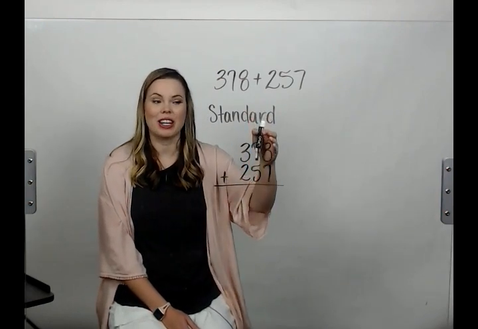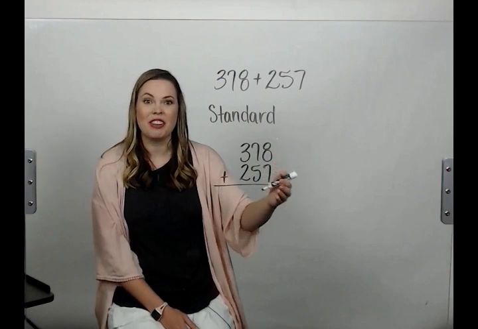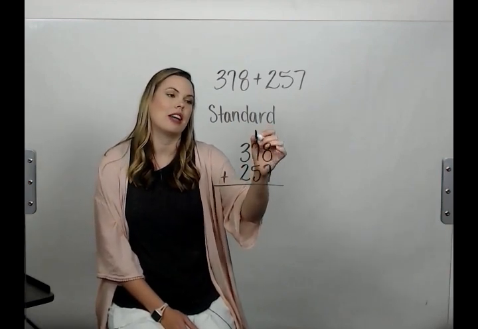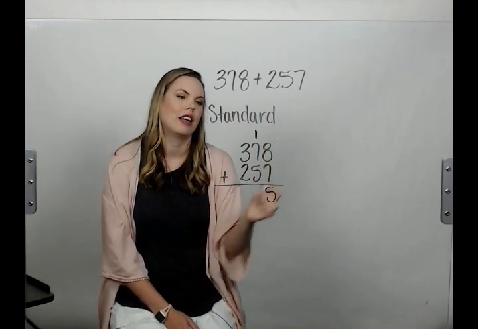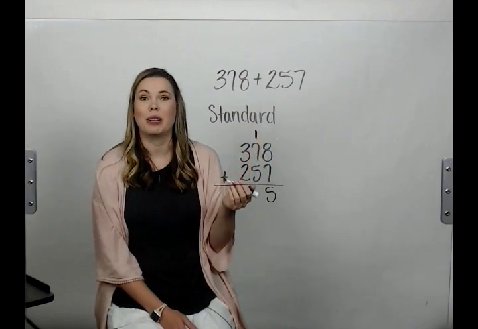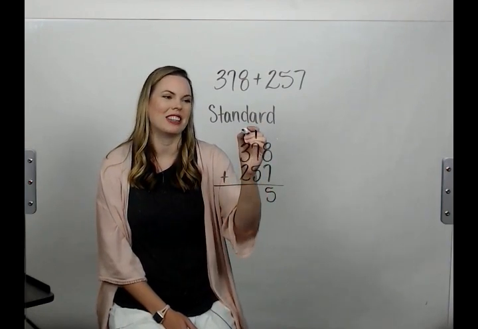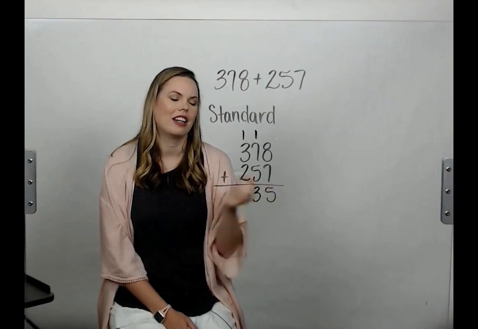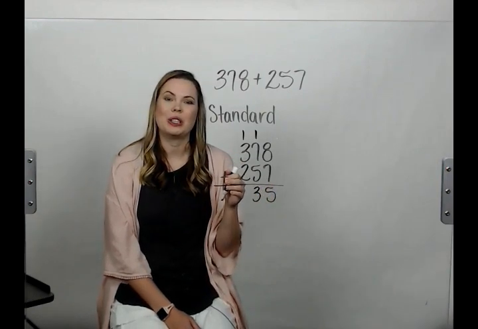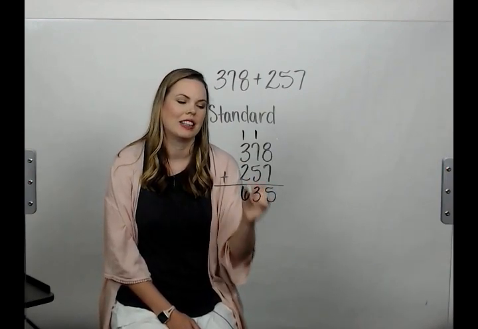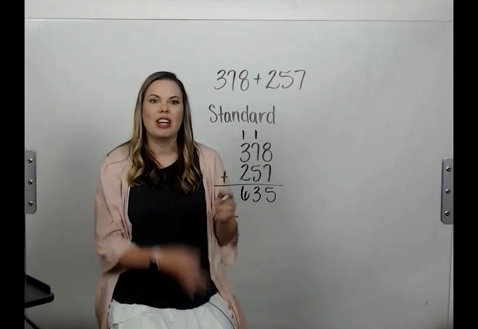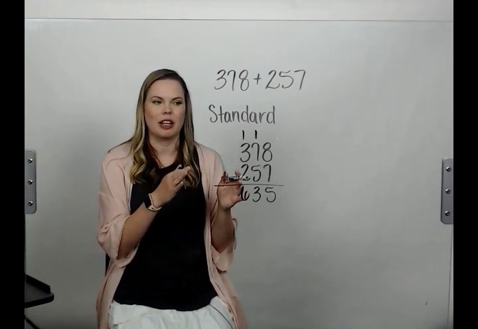As we add this, it's 15, so we carry the 1. And then we add 7 plus 1 plus 5, so that's 13. And 3 plus 1 plus 2, which is 6. Okay, so this is our standard algorithm.